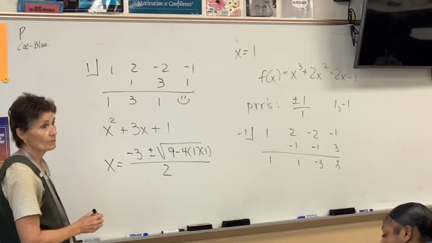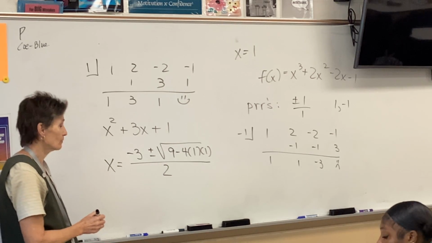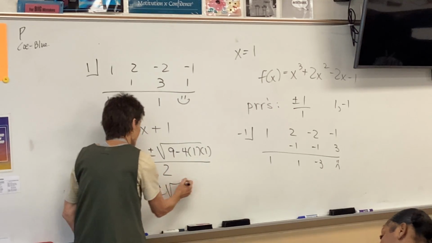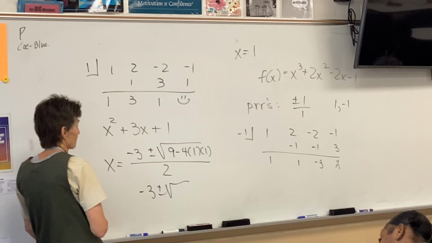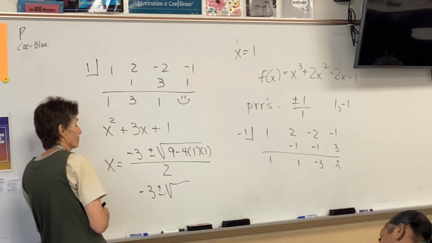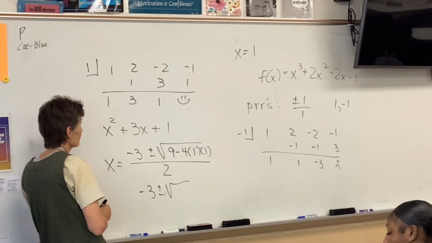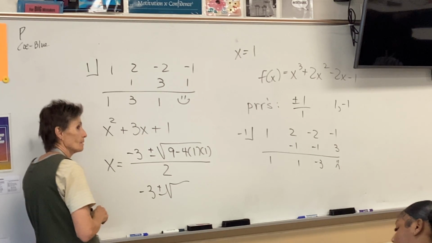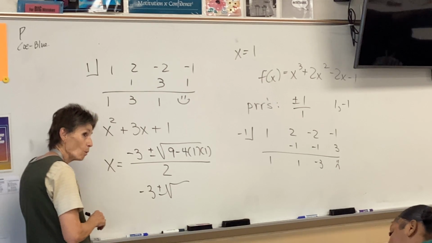Yes, you need to know your quadratic formula. Never ever forget it. So what have I got under there? Negative 3 plus or minus the square root of what? Nine minus 4.